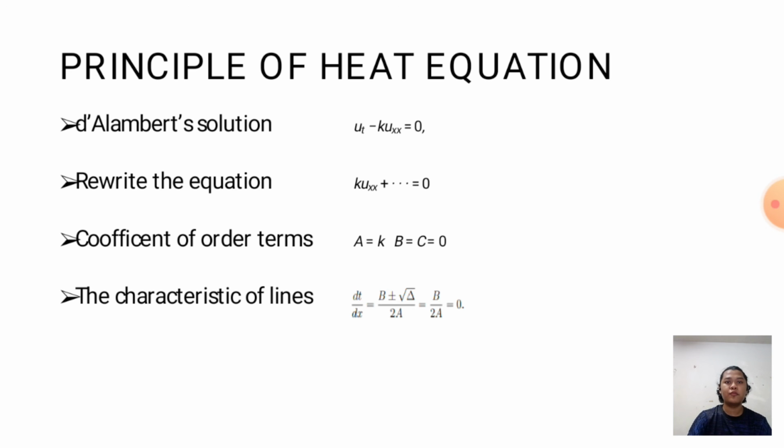So if we rewrite the equation, we will get the following second formula, k u_xx plus dots equals 0. The dots represent the lower order terms. The coefficients of the leading order term can be seen as a equals k, b equals c equals 0. Next, we have to calculate the slope of the characteristic line, as shown on the left of the last formula.